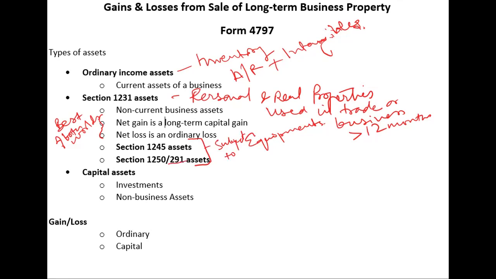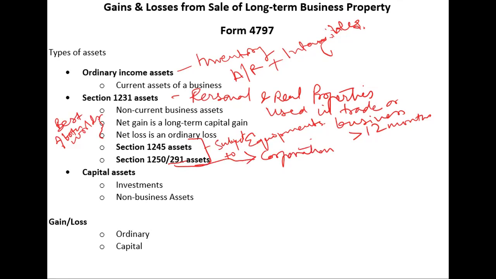This 291 is basically for corporations. We will discuss it later. So section 1250 and 1245 are certain conditions which should be met before we consider section 1231 assets. So we'll discuss it in detail.